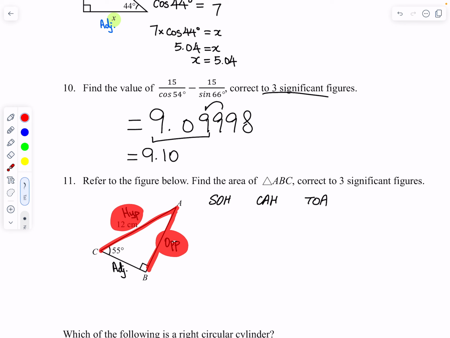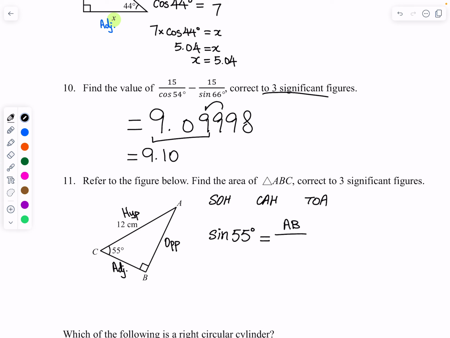So O and H are in which ratio? With the sine. So we write sine 55 equals opposite line AB over hypotenuse line 12. AB we don't have the value for, so we just write AB. This one we have the value, so we write that. Okay? So if you have the value, you can write that.